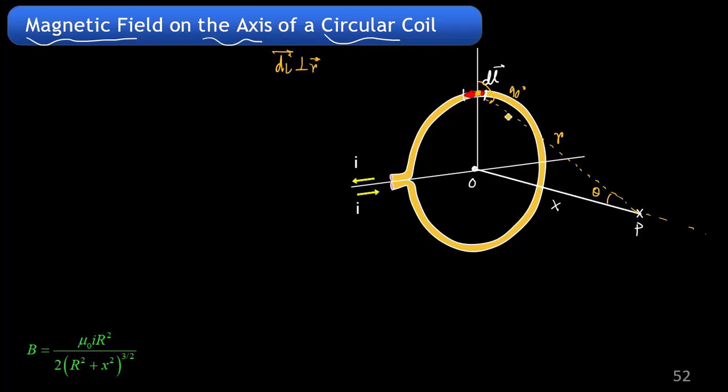Now if I apply the Biot-Savart law, which is the calculation of the dB vector, dB is equal to mu naught by 4 pi into dl vector cross r vector divided by mod of r cubed, or simply r cubed.